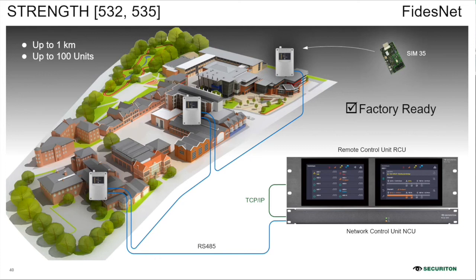Various interfaces are available on the FIDOSnet board through the network control unit, and these are Modbus over TCP/IP or SNMP. There are different kinds of protocols available, and these can be used to integrate the data from the networked ASD directly into other systems, such as building management system, IBMS, and maybe if you are using SCADA systems, you can connect it with that.